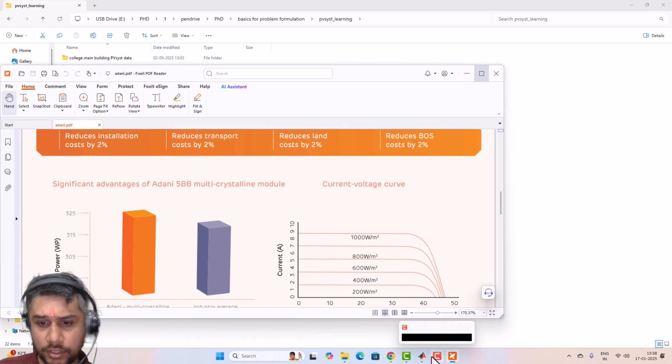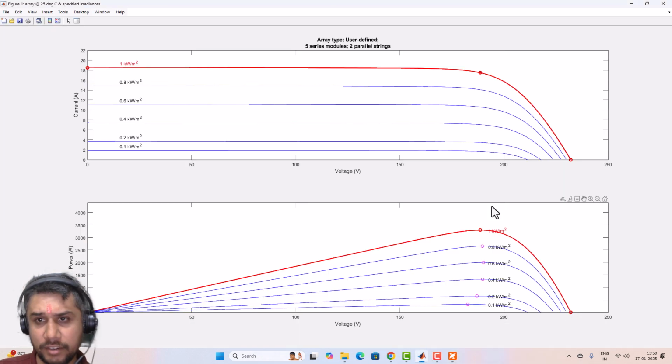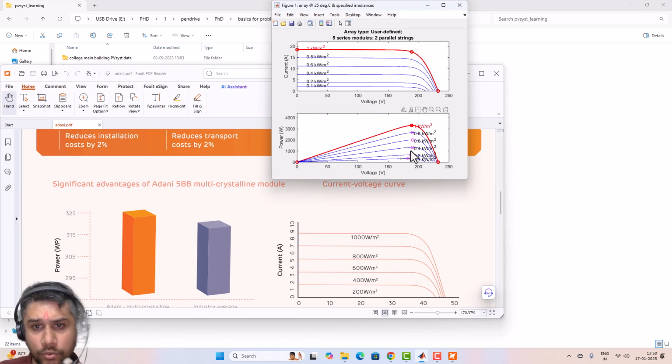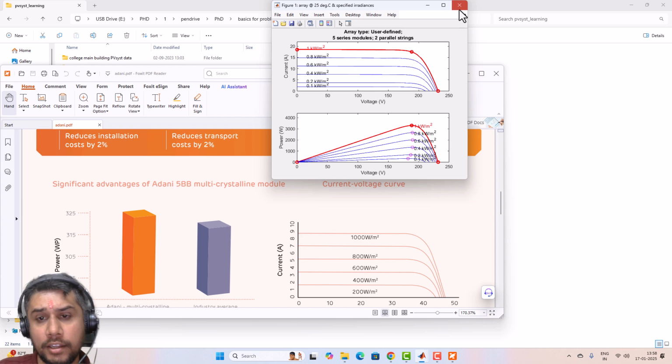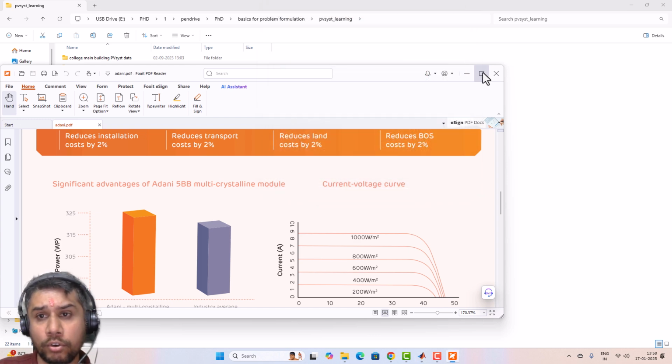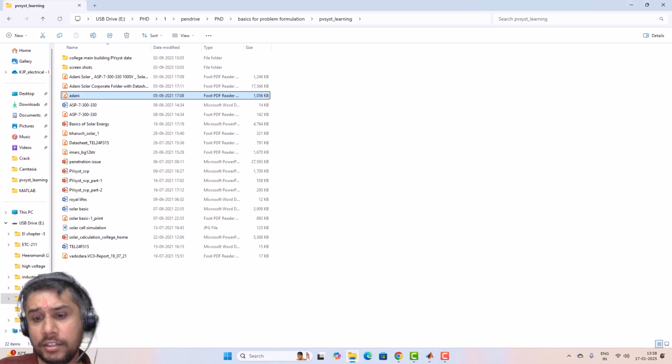You can check this characteristic with the MATLAB figure as well. So yes, here it is. You can compare this 1000 watt per meter square, 15, 10, 5 and 0. So these are the values of insolation and the power output produced by the module. So this is how you can cross verify with the data sheet itself.